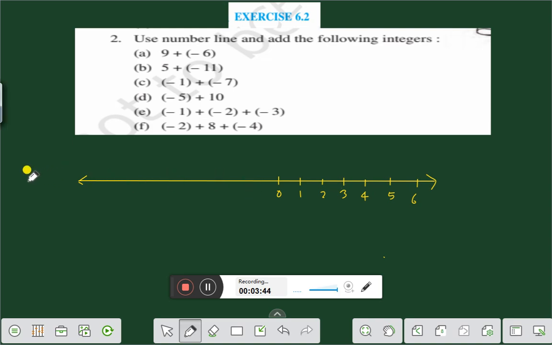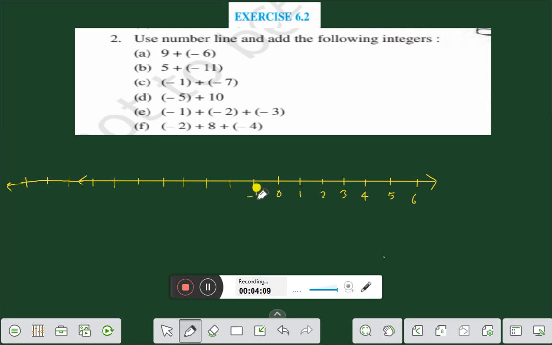That means you have to extend this number line. This is -1, -2, -3, -4, -5, -6, -7, -8, -9, -10, -11.